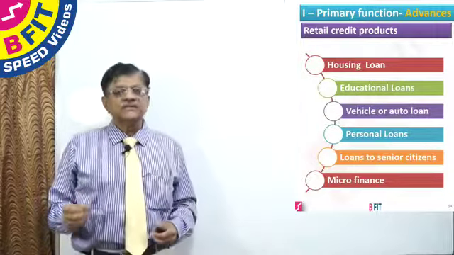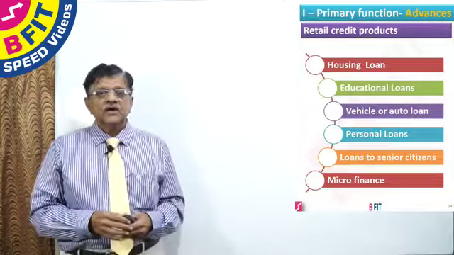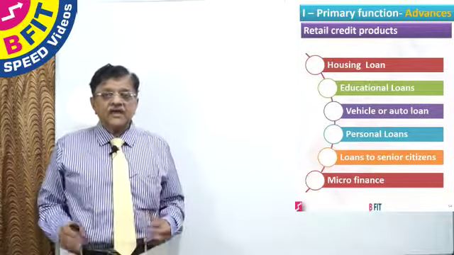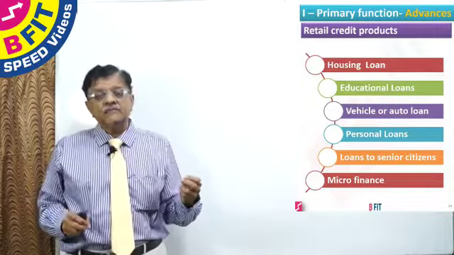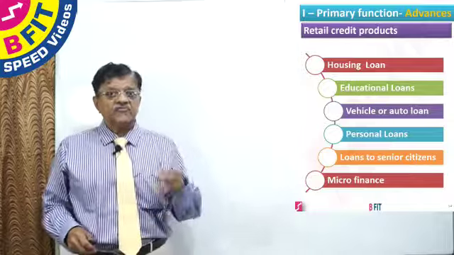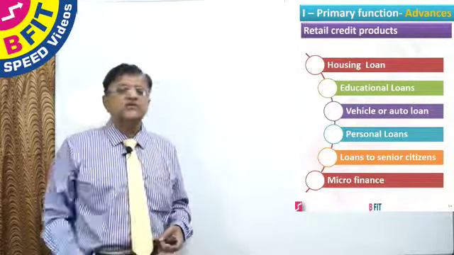Housing loan is the biggest retail product today. You will be surprised to know, before 1995, many banks did not give a single housing loan. In fact, in the year 1985, I fought with my GM for giving only one housing loan.